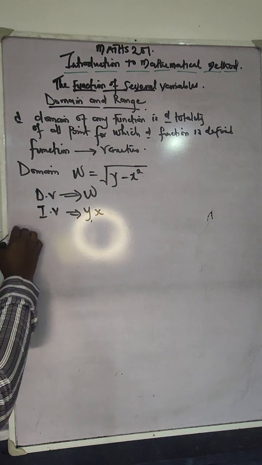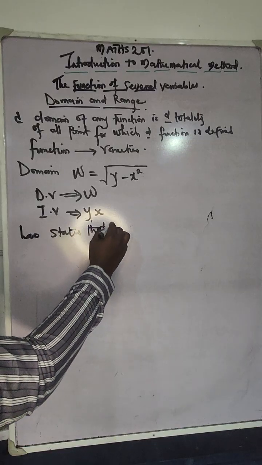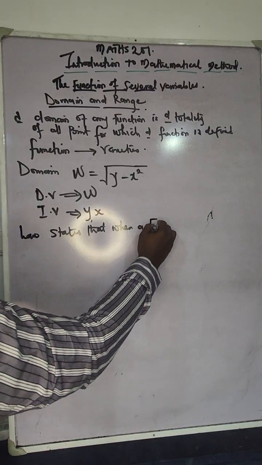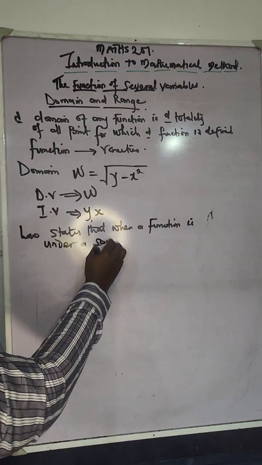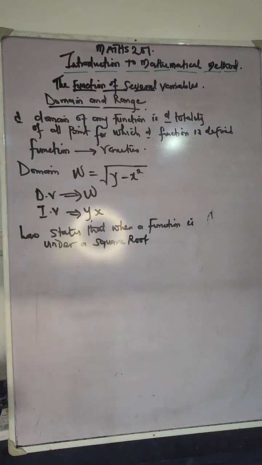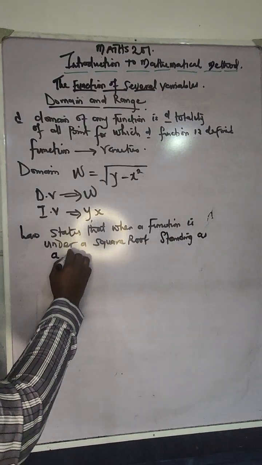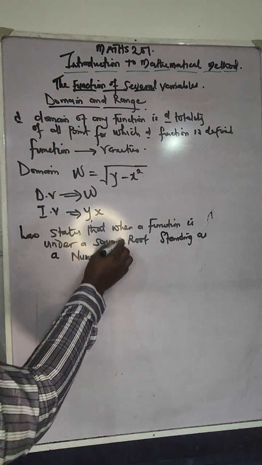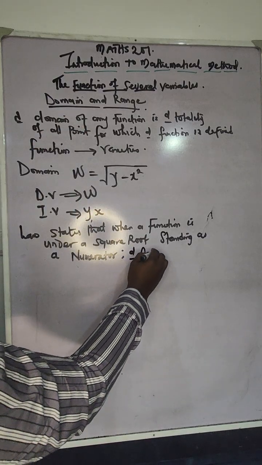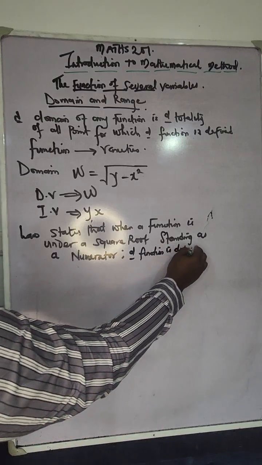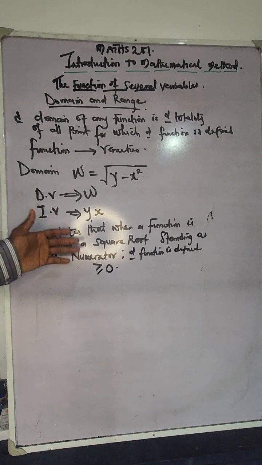The law states that when a function is under a square root, standing as a numerator, then the function is defined when you set it greater than or equal to 0.